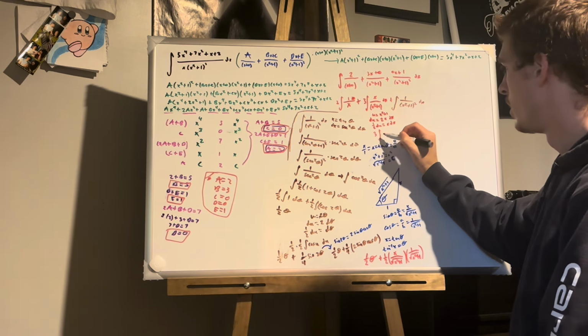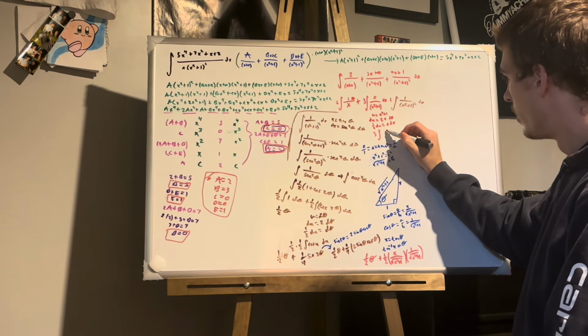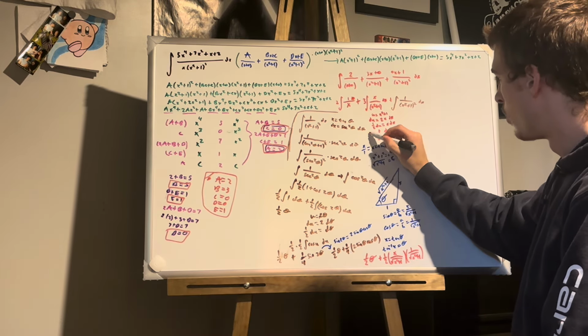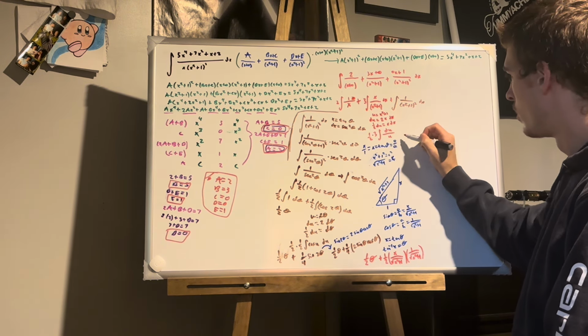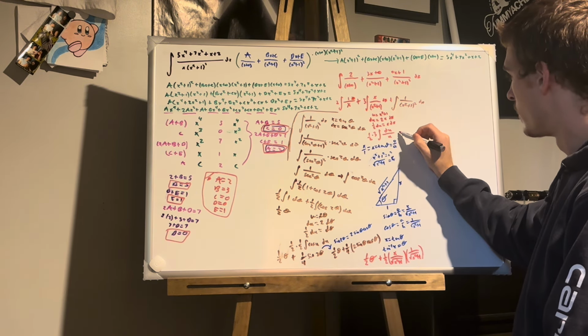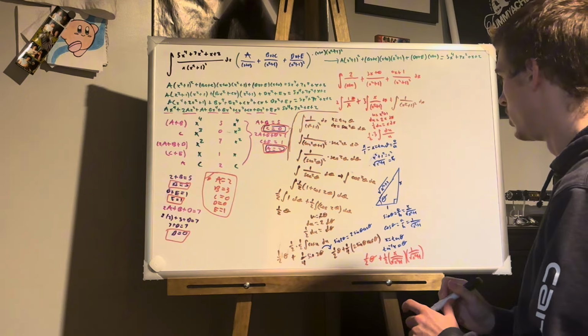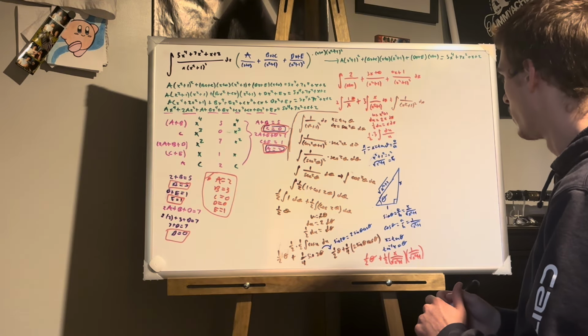So this is going to be 3 times the integral of 1/2 du, pull that 1/2 out in front, over u, and this is the same as 1 over u du, so it's going to be a natural log.